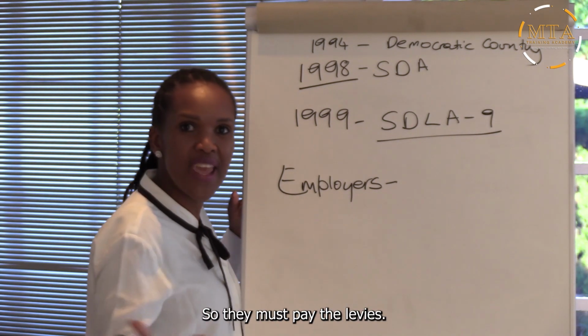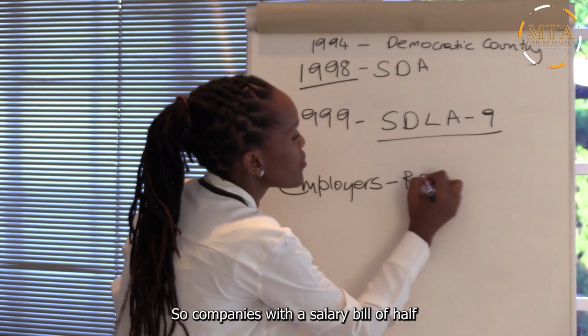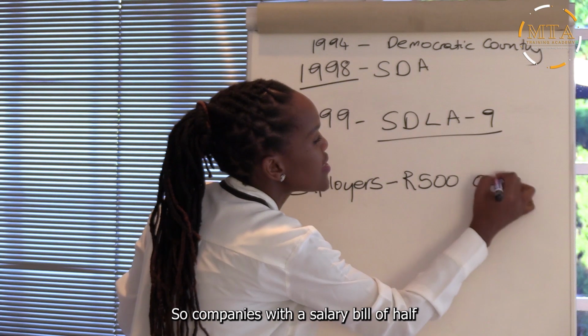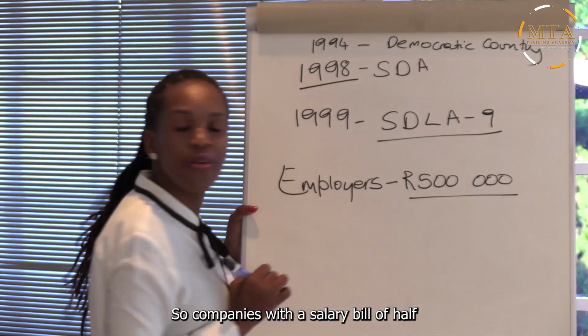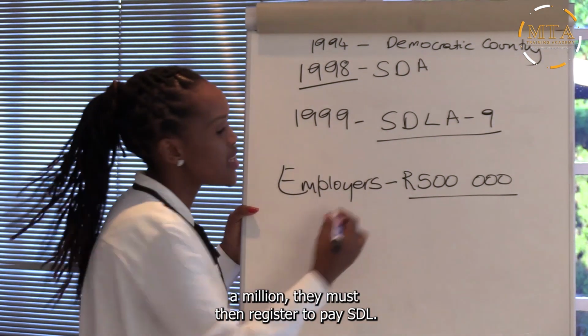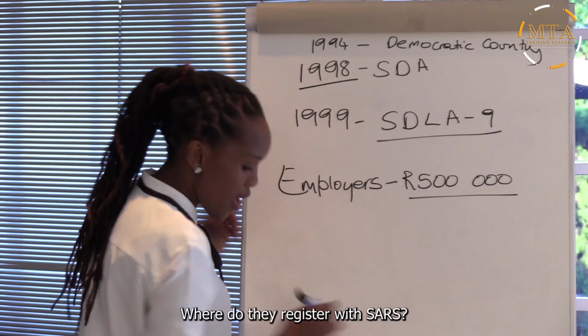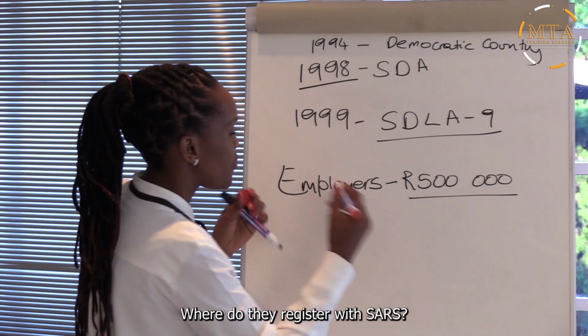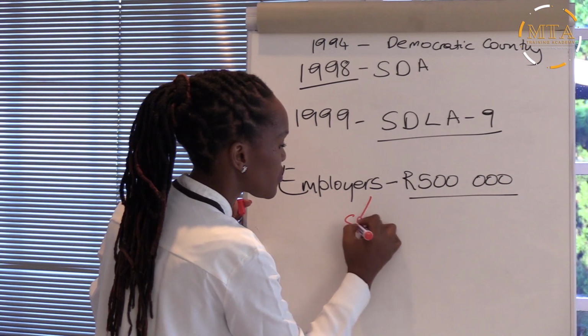So they must pay the levies. Companies with a salary bill of 500,000 must then register to pay SDL. Where do they register? With SARS.